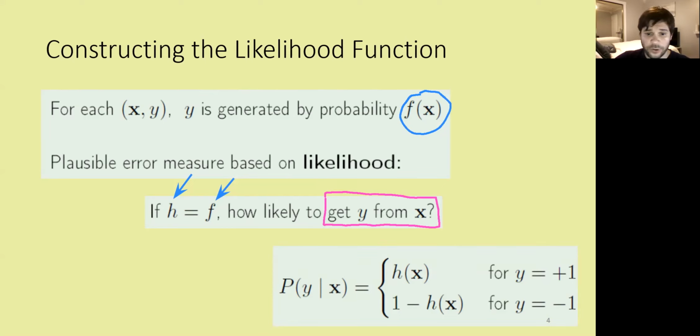We're trying to estimate the probability that Y is going to occur given the particular X features that we are conditioning on. And the form of the hypothesis, H of X, we want that hypothesis to classify Y correctly, and that is the probability that Y belongs to the class, and 1 minus H of X then is the probability that Y does not belong to that class.